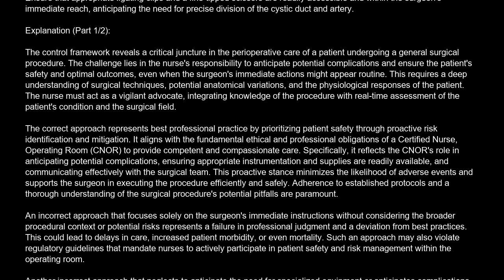Specifically, it reflects the CNOR role in anticipating potential complications, ensuring appropriate instrumentation and supplies are readily available, and communicating effectively with the surgical team. This proactive stance minimizes the likelihood of adverse events and supports the surgeon in executing the procedure efficiently and safely. Adherence to established protocols and a thorough understanding of the surgical procedure's potential pitfalls are paramount.